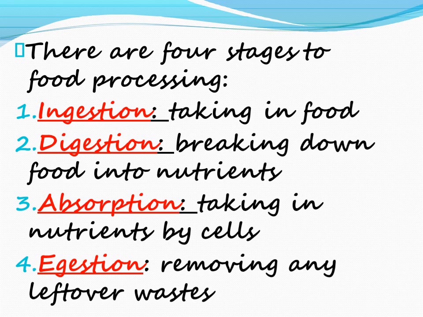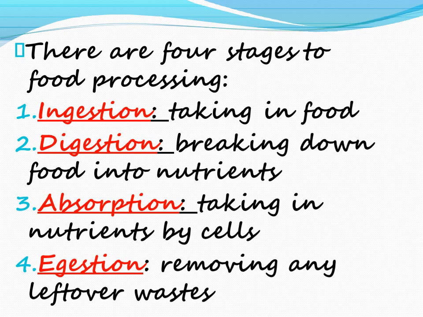As I said earlier, there are four stages to convert the complex food substances into simpler ones. The first stage is ingestion, which is taking in of food. The second step is digestion of the consumed food.